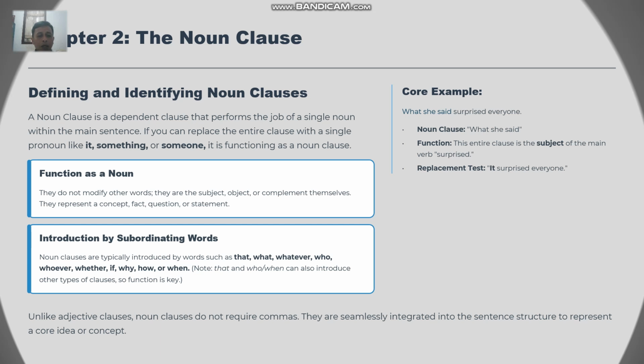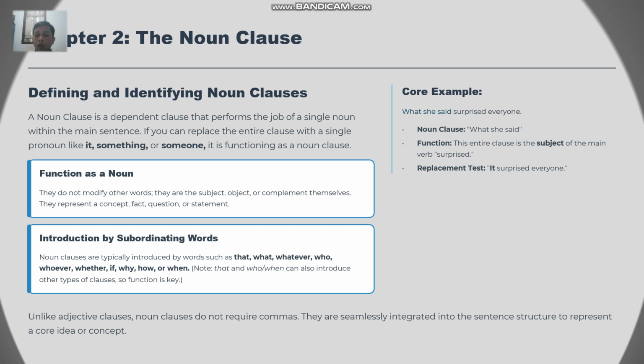Introduction by subordinating words. Noun clauses are typically introduced by words such as that, what, whatever, who, whoever, whether, if, why, how, or when. Note that that, who, or when can also introduce other types of clauses, so function is key. For example, what she said surprised everyone.